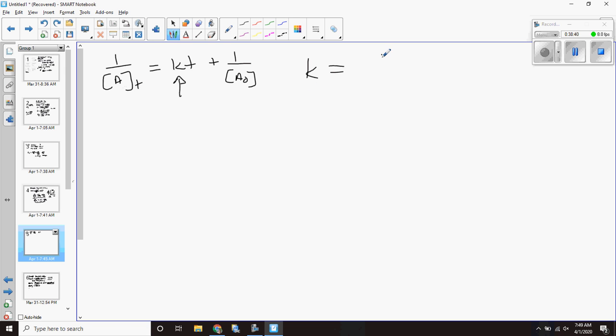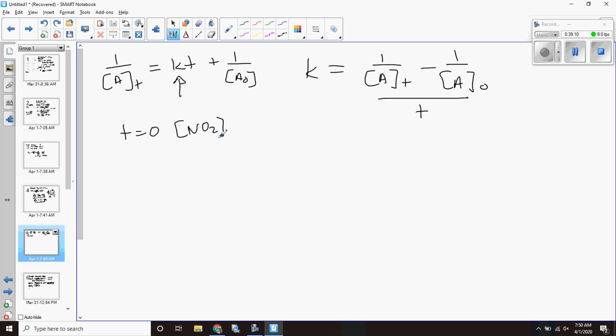So k equals 1 over a at time t minus 1 over a at time 0, divided by time. You have to go to your data table and find the concentration of A at time 0. At t equals 0, the initial concentration of NO2 is equal to 0.07.